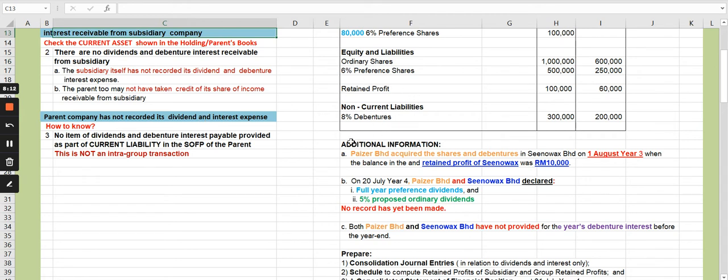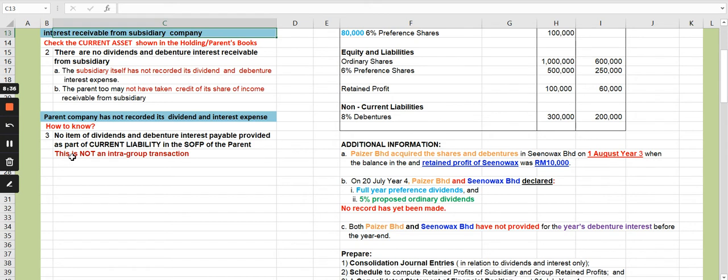This is just an extract from a complete question. For a complete question on preparation of a consolidated statement of financial position, you may have to check the current liability section in the statement of financial position of the parent.